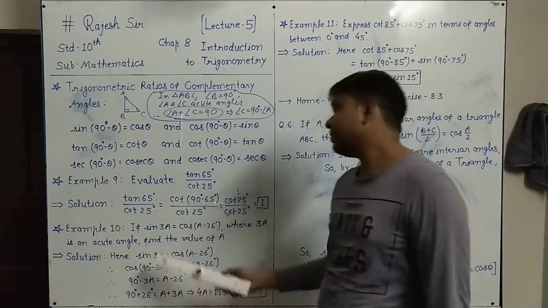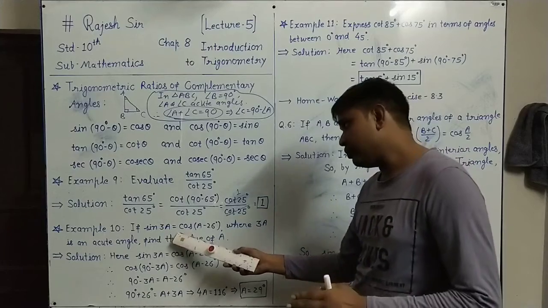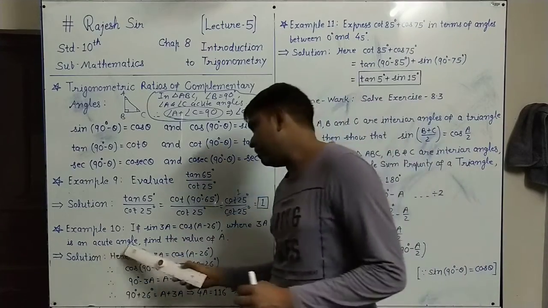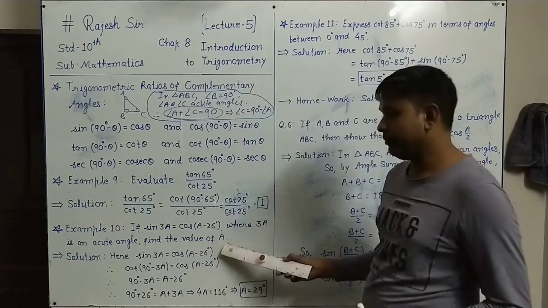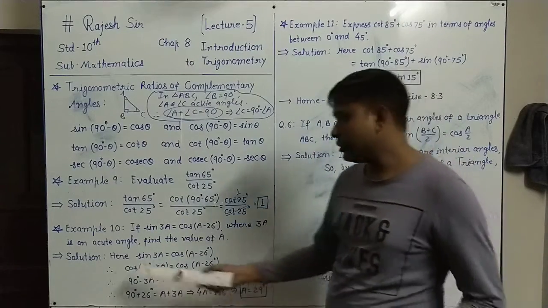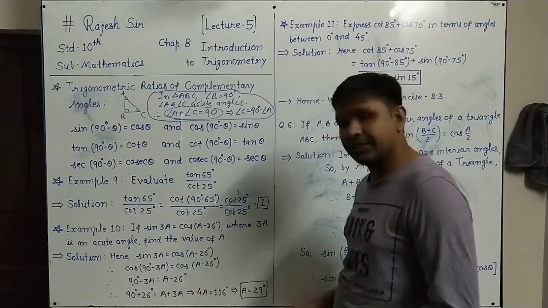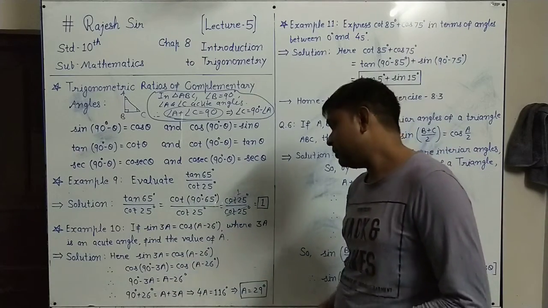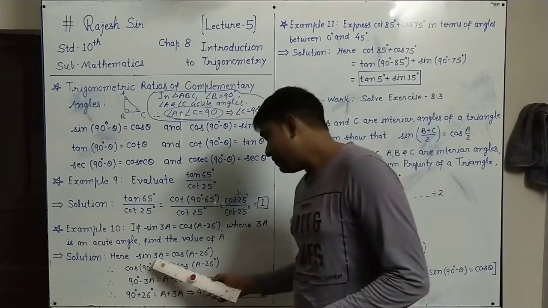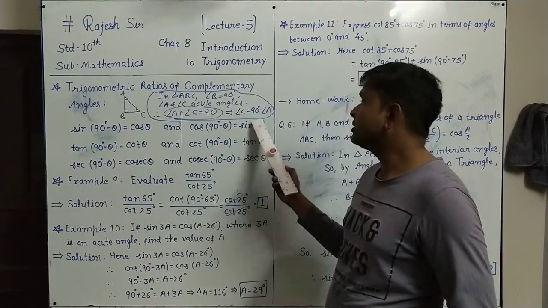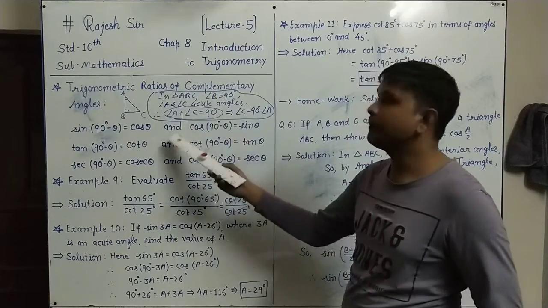Example 10: If sin 3a is equal to cos of a minus 26 degrees, where 3a is an acute angle, find the value of a. In the solution, we start with the given: sin 3a equals cos of a minus 26 degrees. Now sin theta can also be written as cos of 90 minus theta.